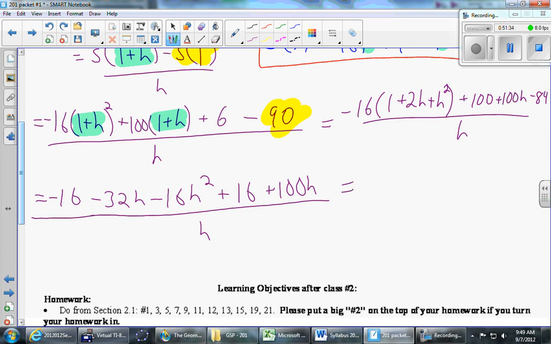And then a little more simplifying. What happens? 16s cancel. That turns out to be quite fortunate. So I'm going to write negative 16h squared. How many h's do we have? We have negative 32 h's plus 100 h's. What is that? That's 68.